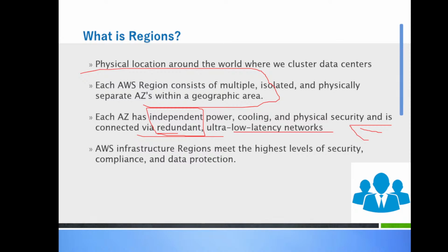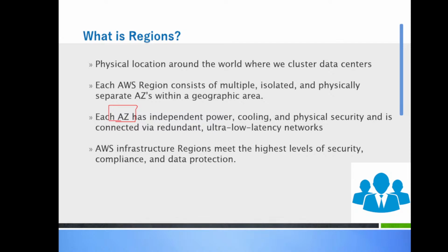So we can compare region with continents, right? Inside the continents, we have multiple countries. We can compare countries with availability zones. Just like each country has its own sets of security, water supply, resources, government, everything, similarly an availability zone is compared to your country.